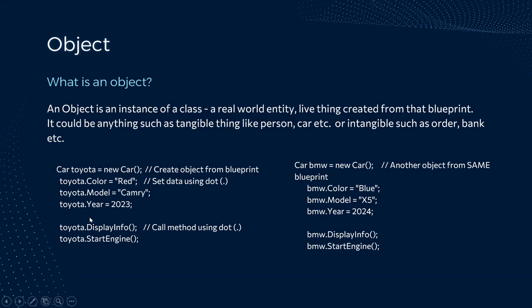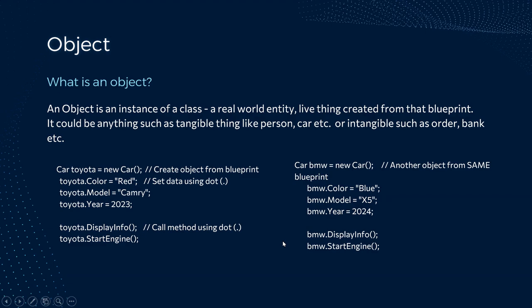And these are the methods, the behavior: Toyota dot DisplayInfo, and then Toyota dot StartEngine. This is for the Toyota, and we have created a similar object for the BMW also. You can create as many objects of the Car class as you want, set these properties, and also call these behaviors. So this is all about the object.